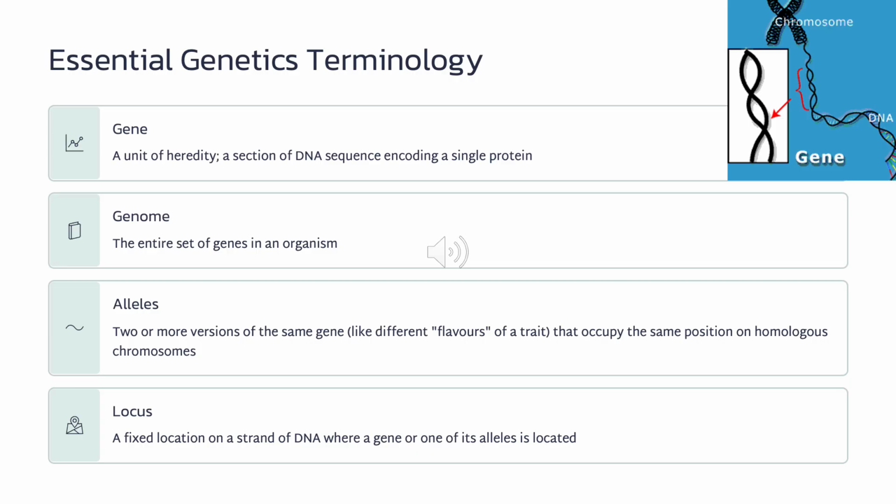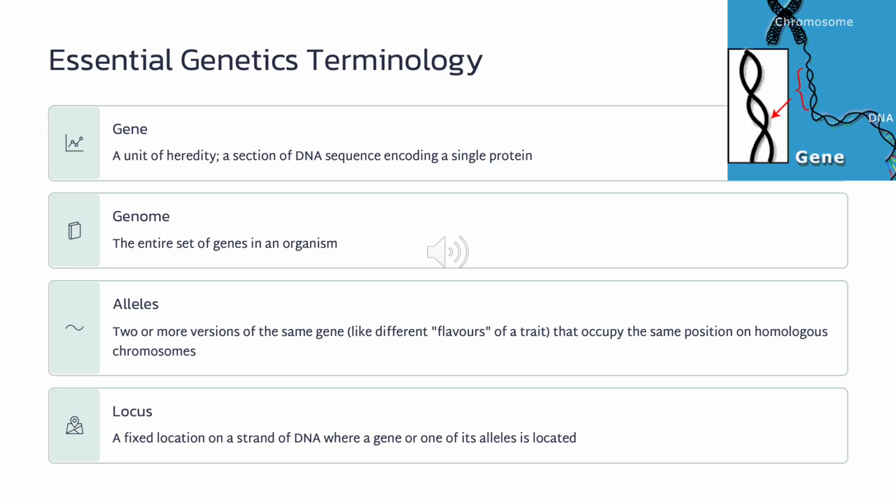So they are alleles that represent 2 or more versions of the same gene. So you have 1 gene, but it is expressed in different ways. So that is an allele. Alleles occupy the same position on homologous chromosomes.